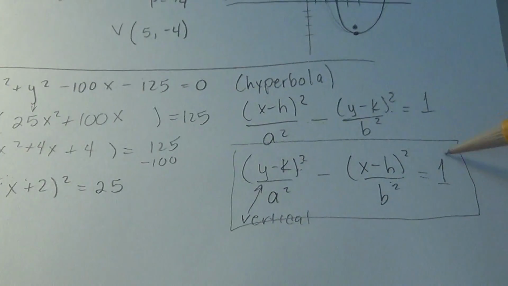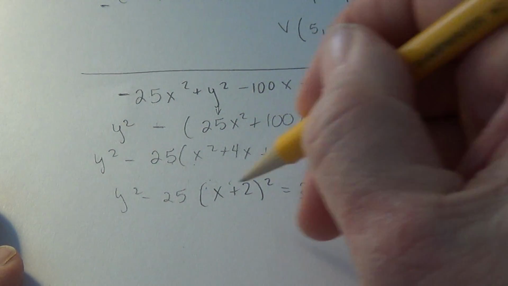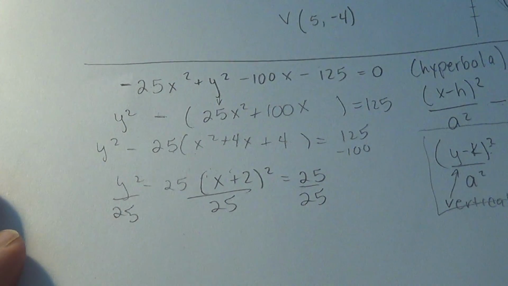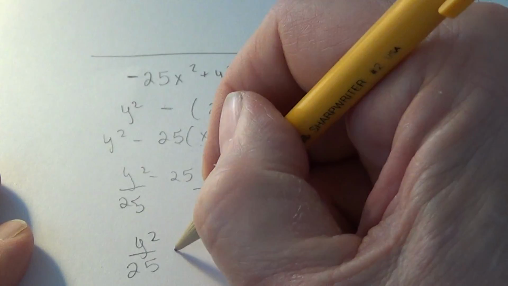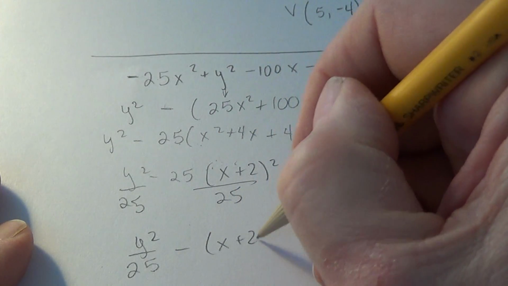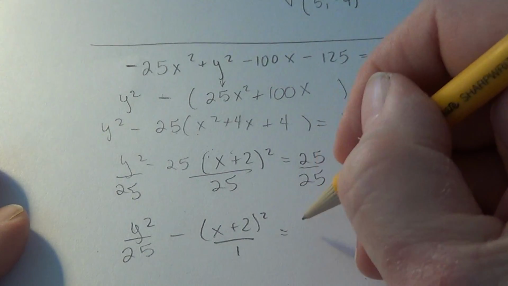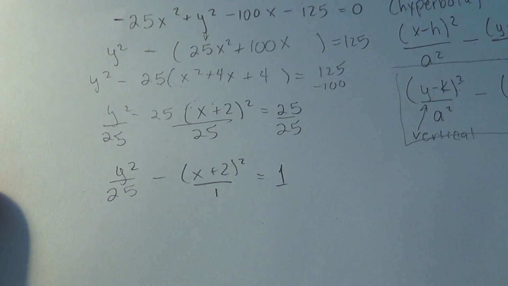Almost to standard form, but I need a 1. So I'll divide everything by 25, which works out nice and sweet. Y squared over 25 minus (x plus 2) squared over 1 equals 1. Standard form, we're ready to graph.